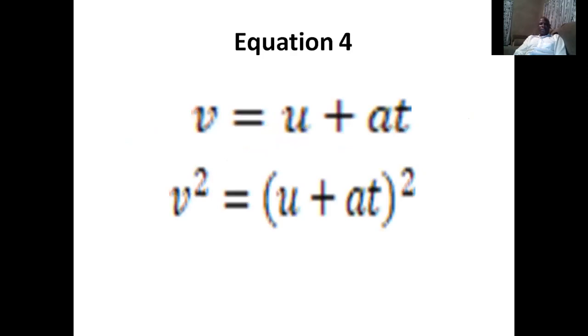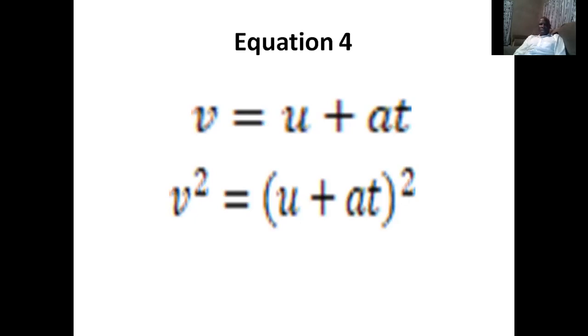Then next, we look at equation number 4. Remember, this was our equation number 1, where final velocity is equal to initial velocity plus acceleration times time.